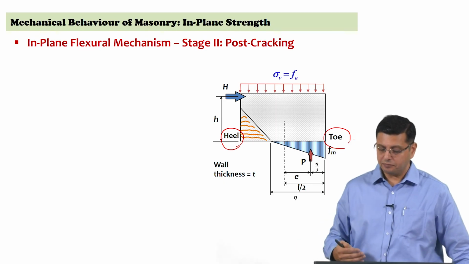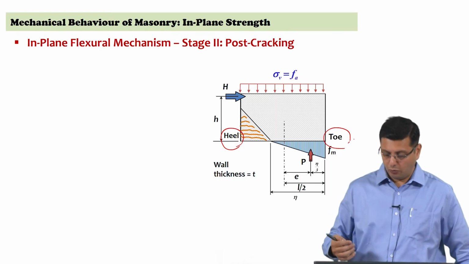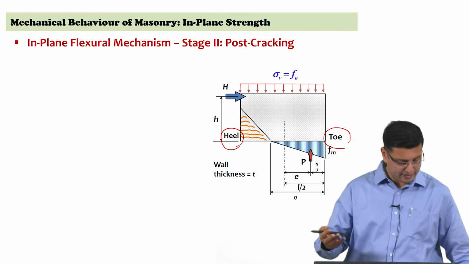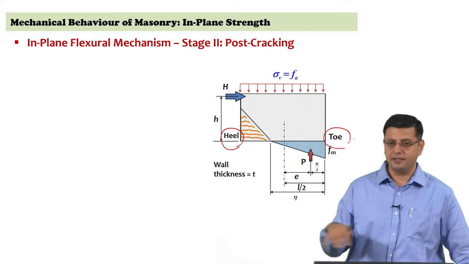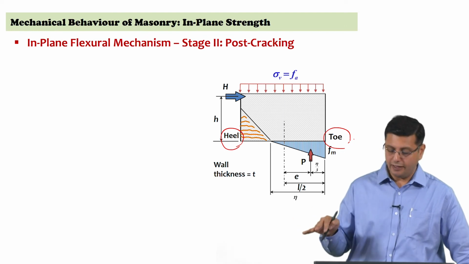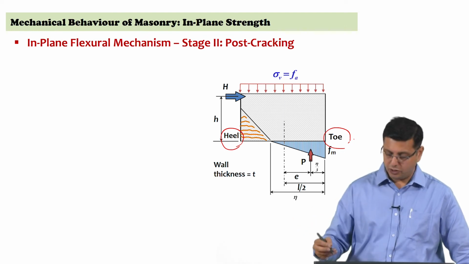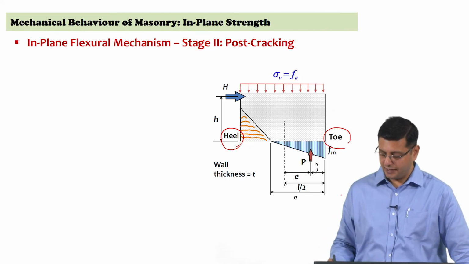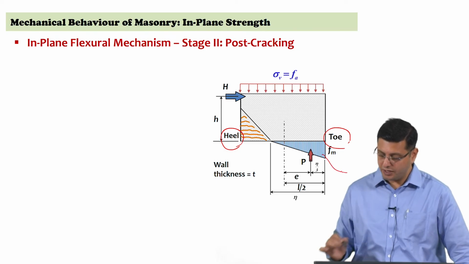So, let us examine this post cracking phase in the wall. The axial stress levels in the wall at Fa, the average vertical stress in the wall equal to Fa, and we are considering now a partial section, which is the hatched blue region.